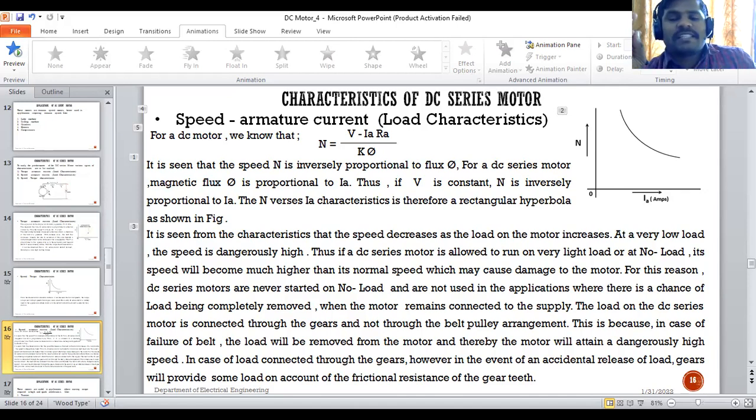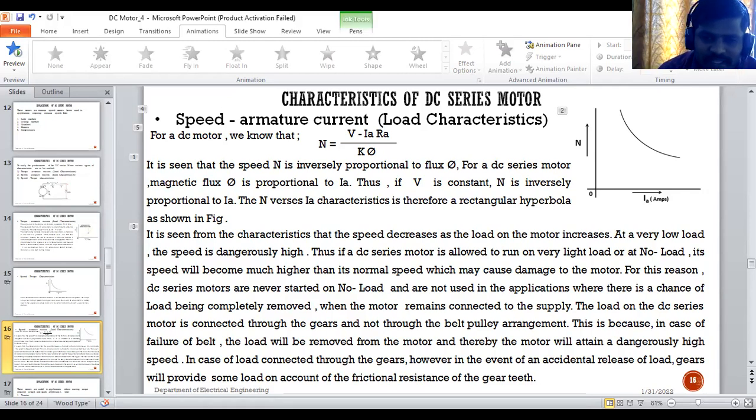So we are using this type of motor with gear system, not for a belt system. However, in the event of accident, if the load is released, gear will provide some load on account of frictional resistance of the gear teeth.